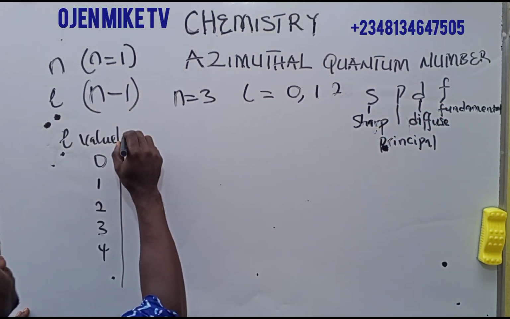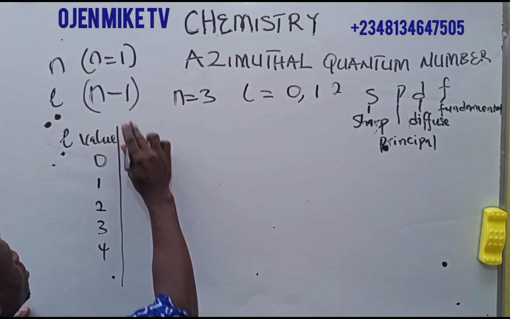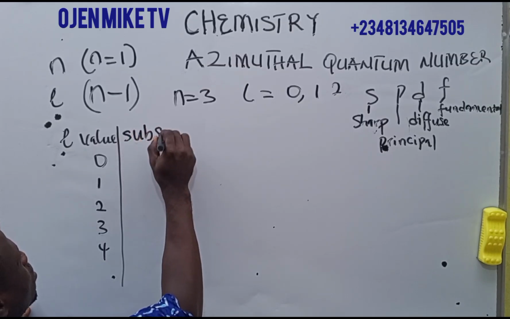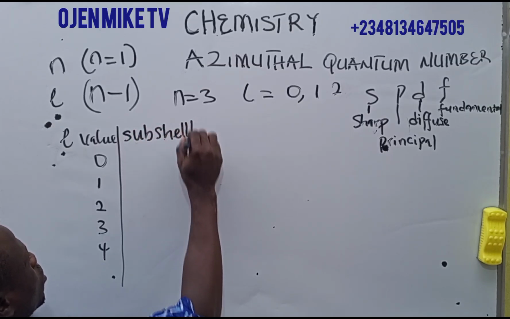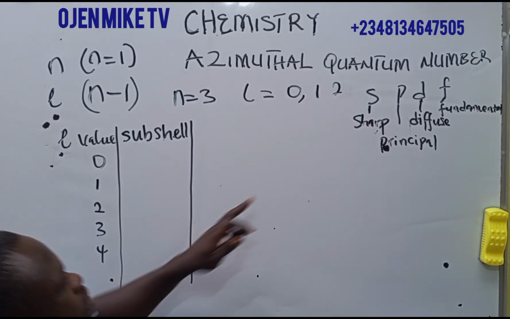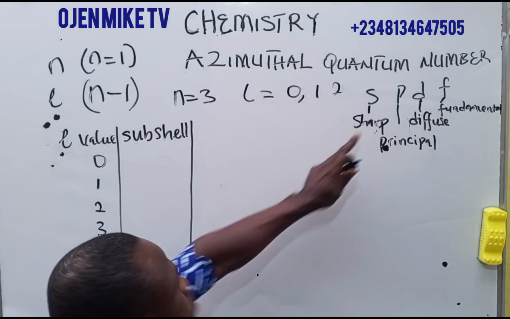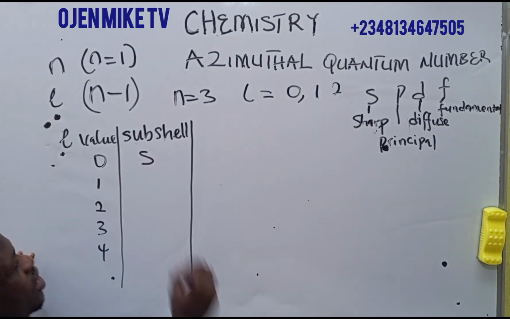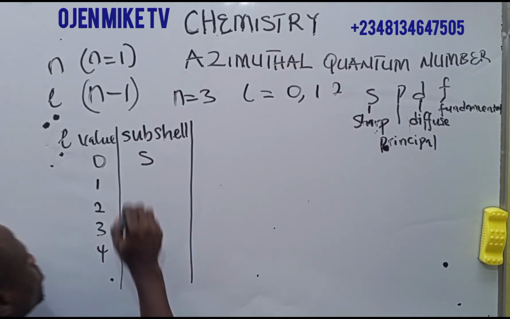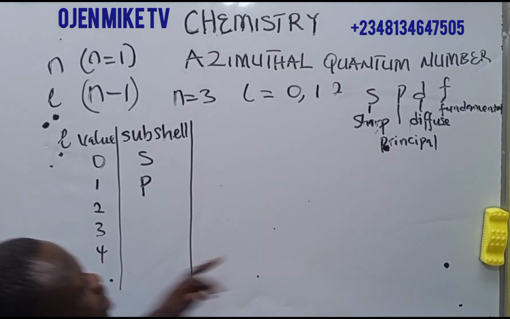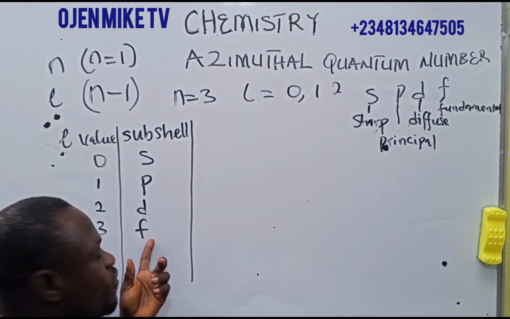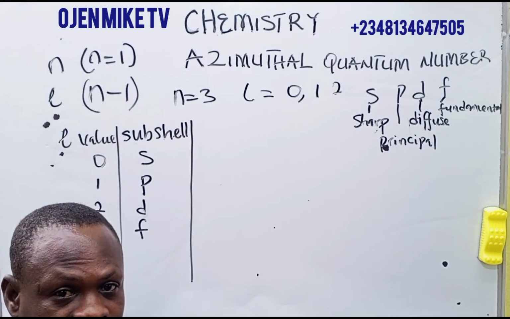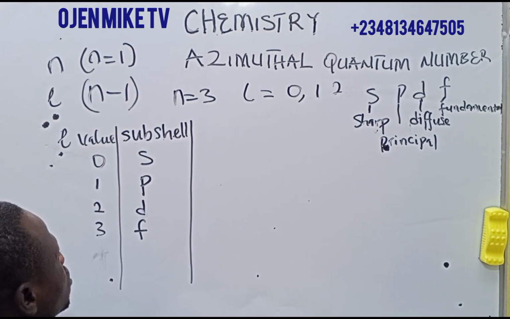So we now have the subshells. The first subshell is S, the second subshell is P. Before you write the electronic configuration, we'll get to that for the 118 elements. Okay, so we have all this.